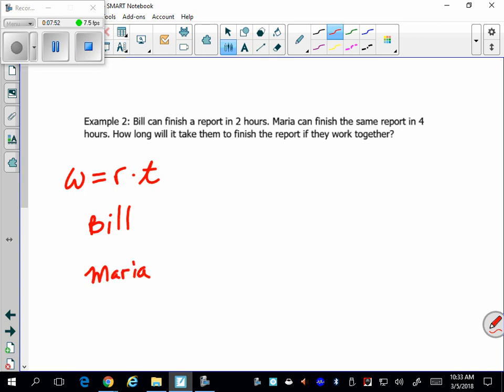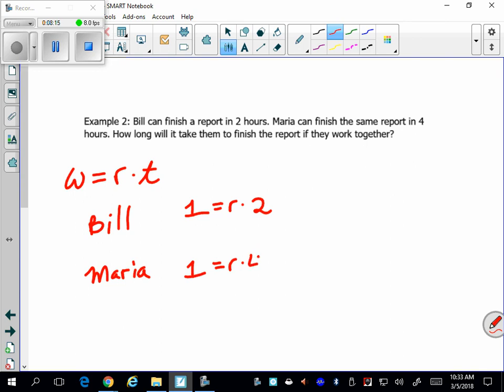Bill can finish 1 report. So work, the amount of work he can do, equals, we don't know the rate at which he's working, but we know the time is 2 hours. Maria, 1 report will take her, we don't know the rate that she works, but we do know that it takes her 4 hours to do 1 report.